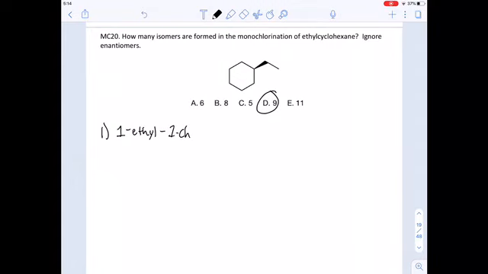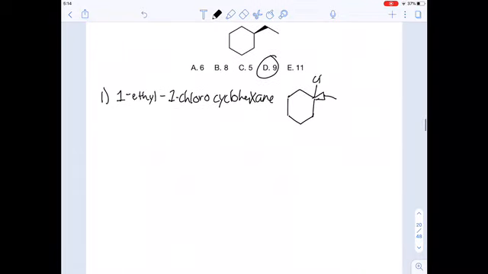So number 1 is going to be 1-ethyl-1-chlorocyclohexane. So that's going to look like this. Number 2, let me erase that. I'll write that a little neater.